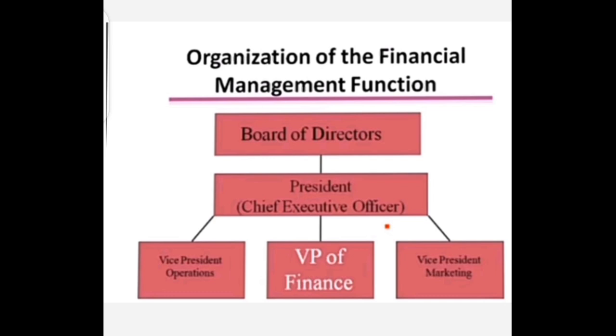Then under that there are the functional areas and functional vice presidents, like the vice president of operations, vice president of marketing, and vice president of finance. In this course we will only look at the vice president of finance.